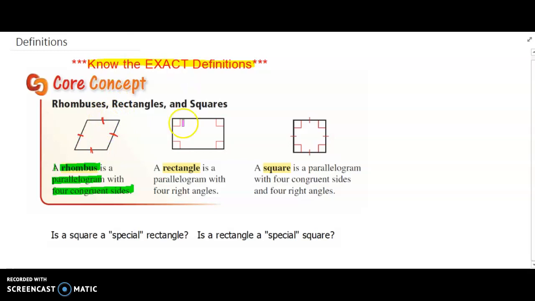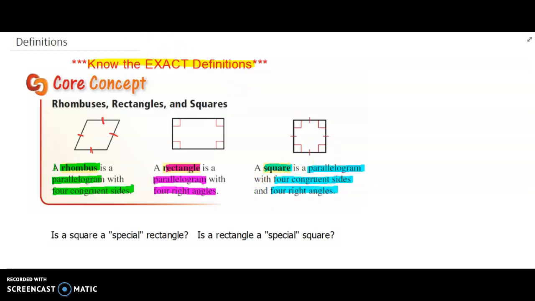A rectangle is a parallelogram, so of course all properties of a parallelogram hold true for rectangles too. And this one has 4 right angles. The square is also a parallelogram, so it has all the properties of a parallelogram, and it has 4 congruent sides and 4 congruent angles.